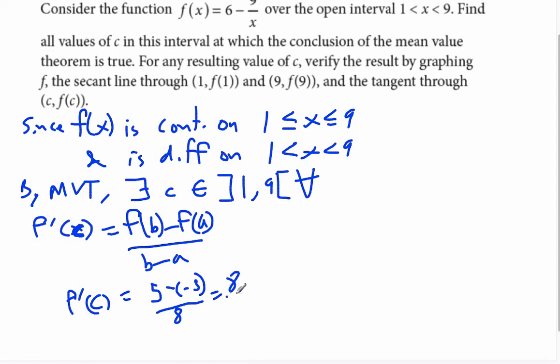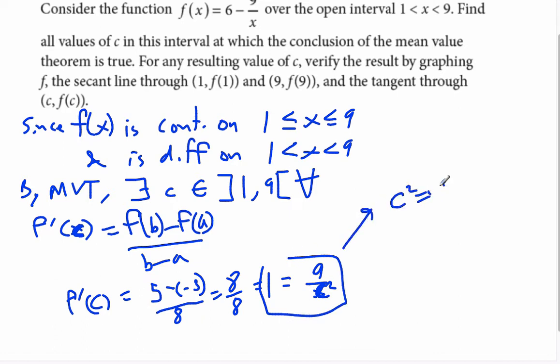So we've got 8 over 8, which equals 1. Okay, and the derivative of the function is going to be 9 over x squared, or 9 over c squared I should say, because it's evaluated at c. So we got this little equation that we can solve now. So c squared equals 9. c equals positive or negative 3, but we're looking in this range, so c equals 3 is that particular point.